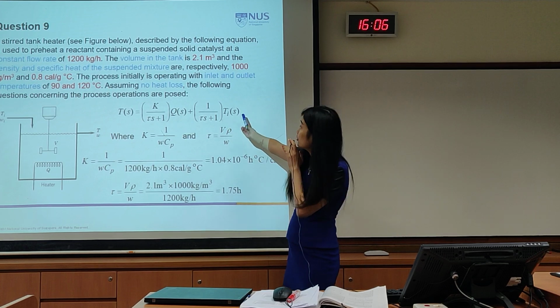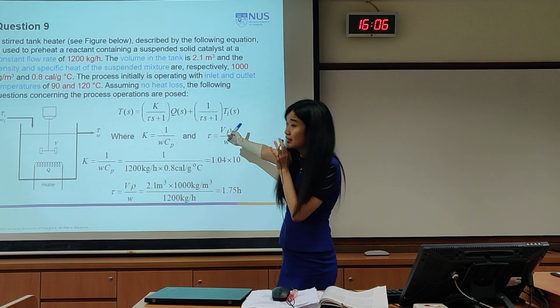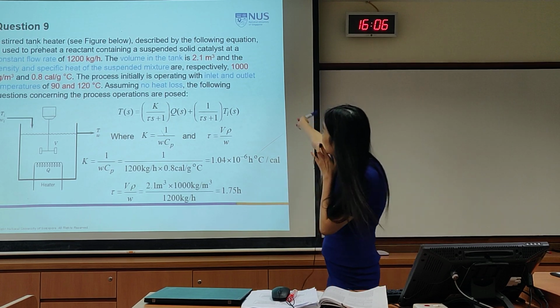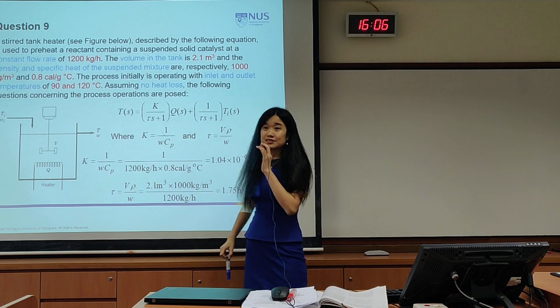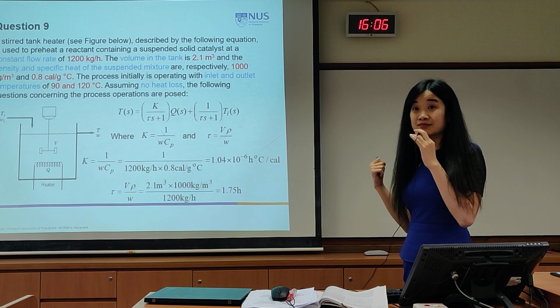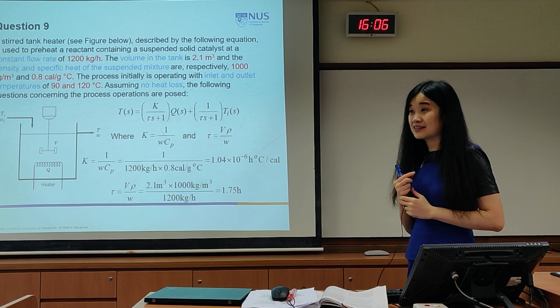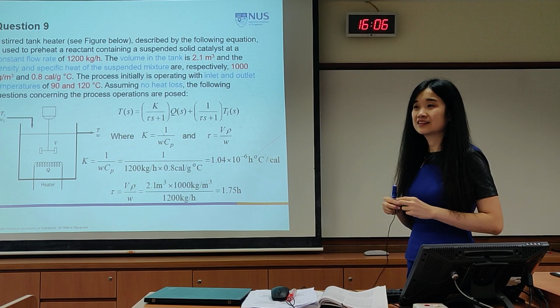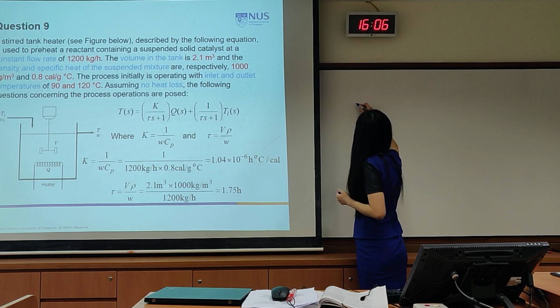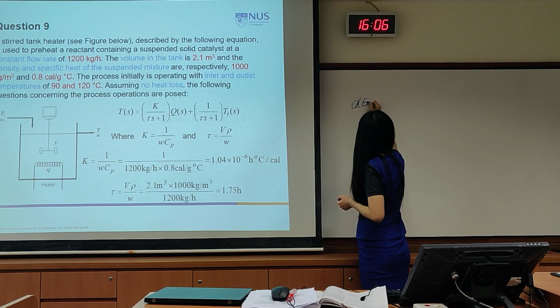But one important point is that we have the term of no heat loss. So the heat loss is assumed to be zero. So what is the heat loss term in the energy balance? That's the term you consider generally.